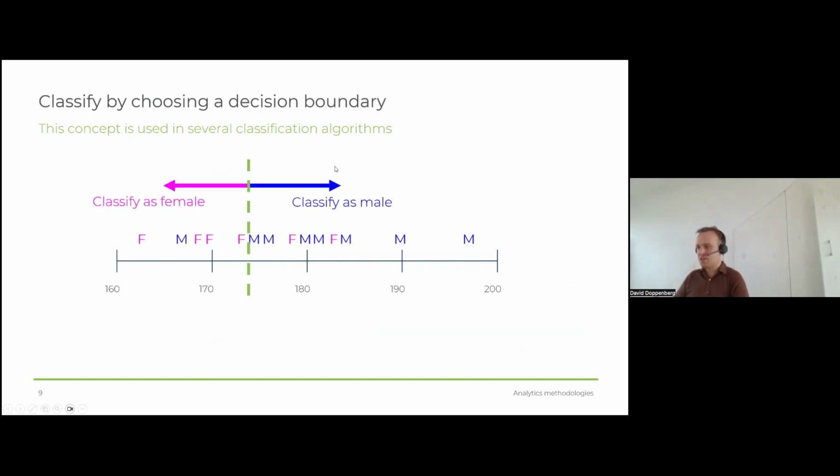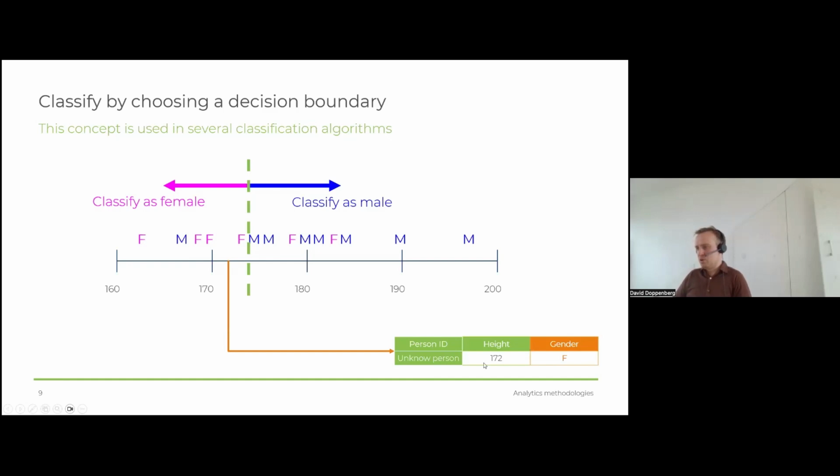The decision boundary basically says: I put a boundary somewhere. Everything on the left is classified as the one label, everything on the right is classified as the other label. In this case, we put the boundary at 174 or something, and everything on the left will be classified as female, and everything on the right as male.